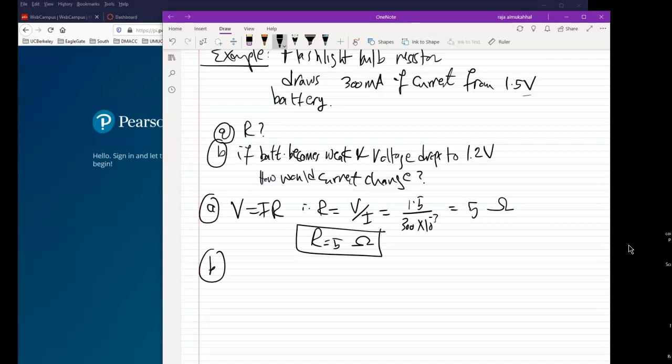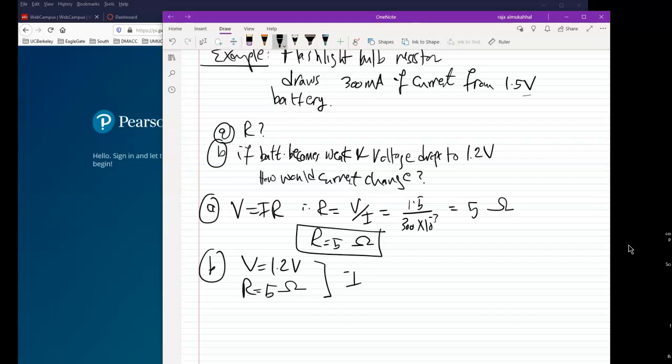Part B, very simple. If the battery becomes weak and the voltage drops, the new voltage is 1.2, and the resistor is still the same, R is 5 ohm. He didn't say anything about that. And how would the current change? Usually when batteries get older, an internal resistance increases, which affects the resistance, but we're ignoring that.